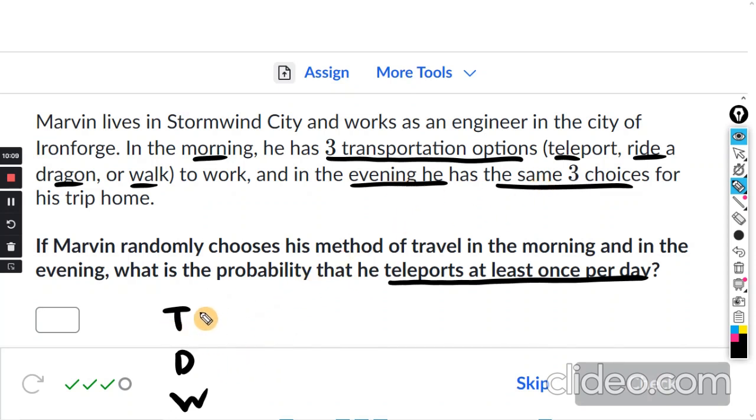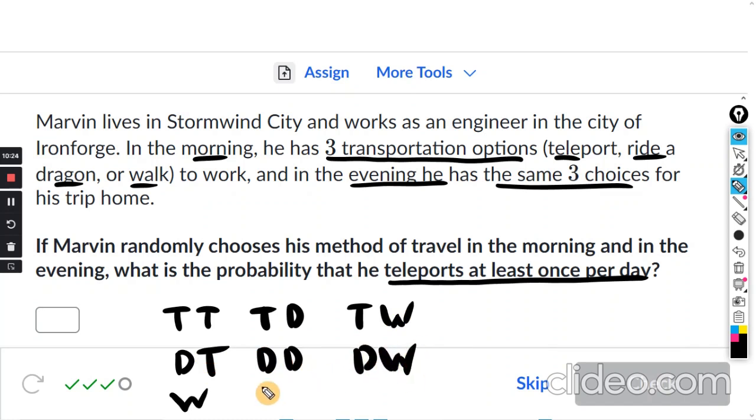So teleport and teleport. Teleport and dragon. And teleport and walk. Dragon and teleport. Dragon and dragon. Dragon and walk. Walk and teleport. Walk and dragon. And walk and walk. I wrote out a sample space. Okay, 3 times 3 is 9, so there's going to be 9 choices.